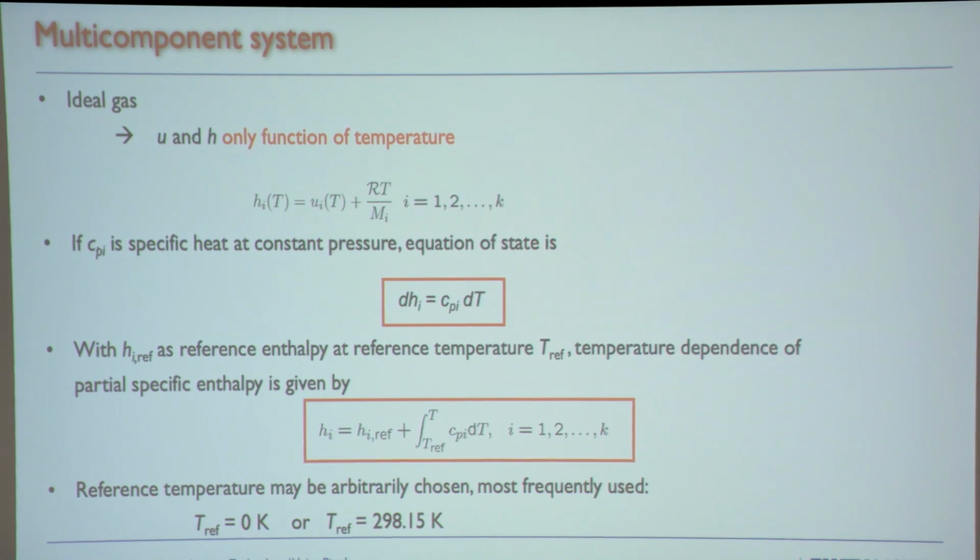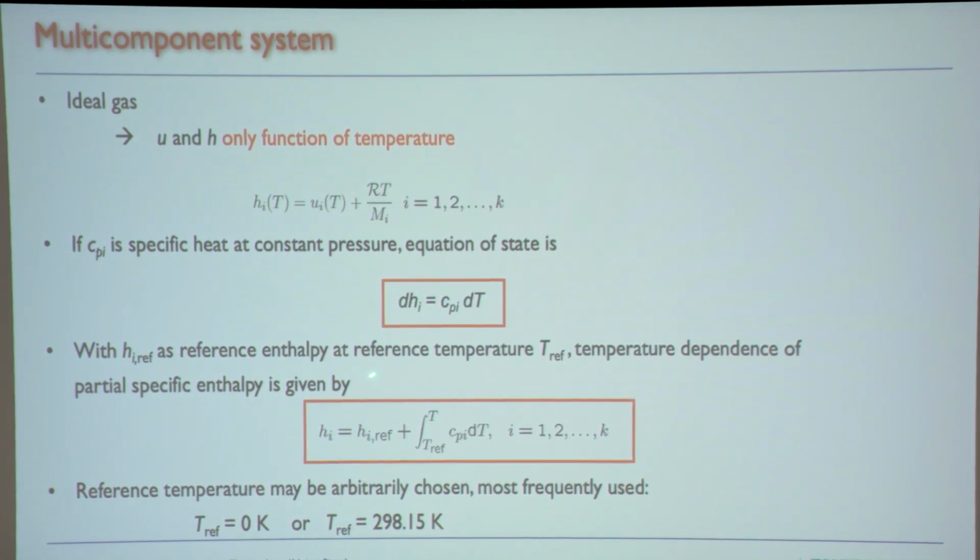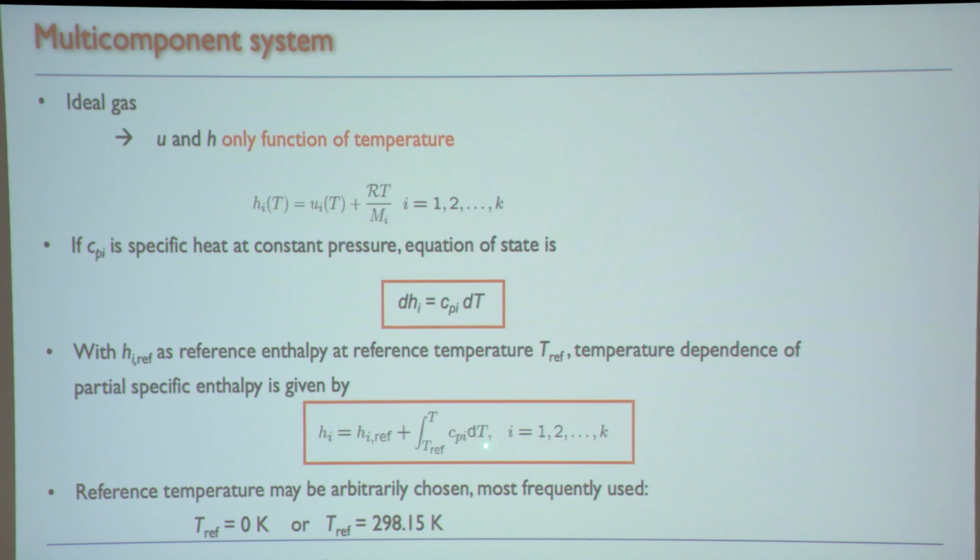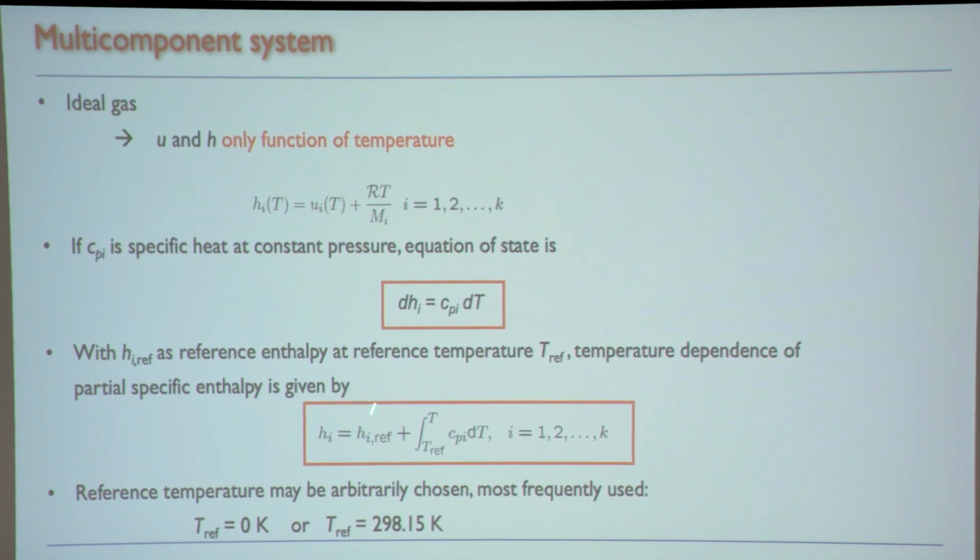It's all trivial, but there's an important point coming. I can integrate from some reference enthalpy and reference temperature to a given enthalpy and temperature. So I do this, and then I get H_i minus H_i,ref is equal to the integral of Cp dT.